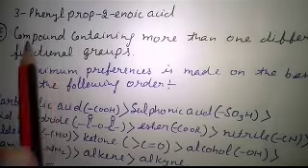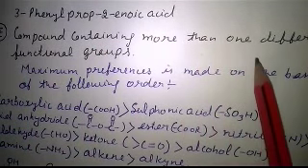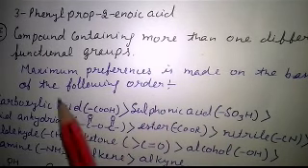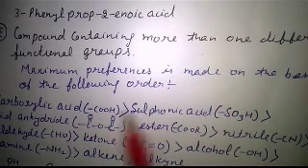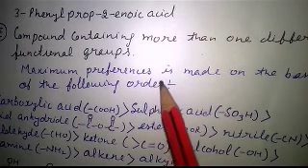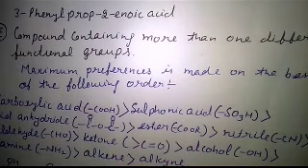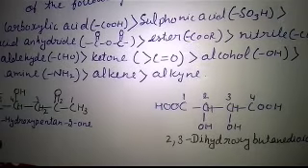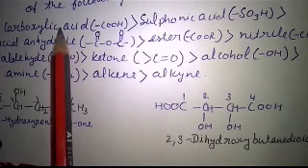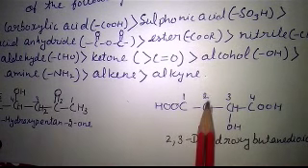Students, next is the rule for a compound containing more than one different functional group. Preference is made on the basis of the following order. We give more preference to carboxylic acid. Now there is a decreasing order of functional groups.